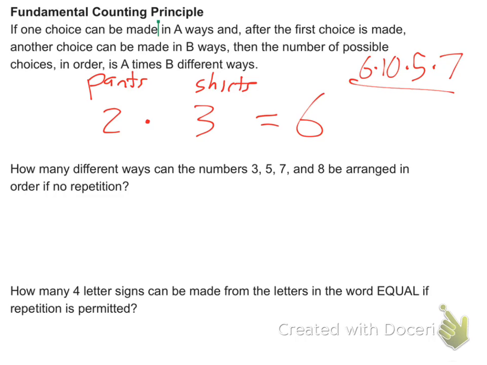So 6 times 10 is 60, times 5, which is 300, times 7. 2,100 different sub combinations. Now, like Drew said, you only put 1 vegetable on? What if I wanted 5 different vegetables? So now you have to multiply that 5 times. Then you're starting to get even larger combinations.